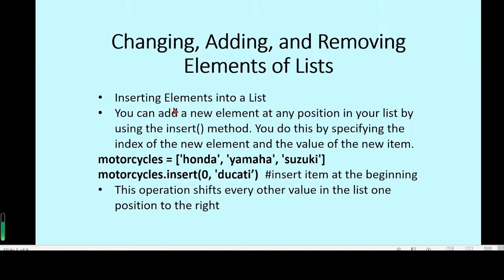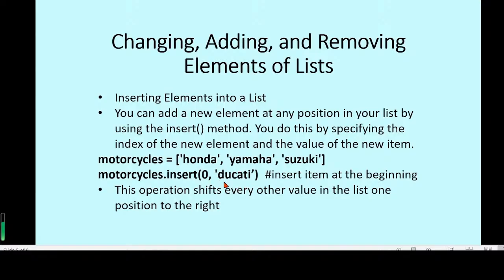And you can also insert elements into a list. You can add a new element at any position in a list by using the insert method. You do this by specifying the index of the new element and the value of the new item. So this is a list with 3 motorcycles, and we can insert a new motorcycle at the first position.